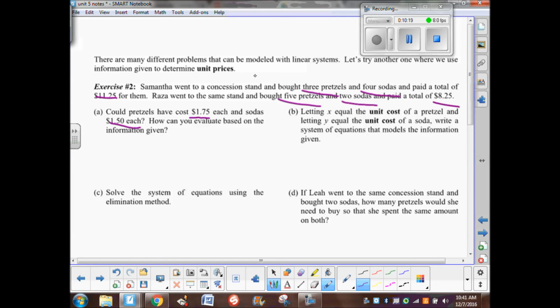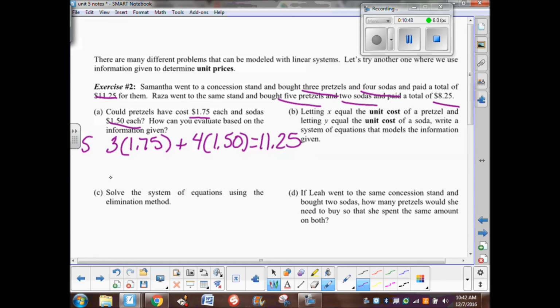So let's look at Samantha's equation. So 3 at $1.75 plus she bought 4 sodas at $1.50 and it said she spent $11.25. Is that statement true? Go ahead, do that calculation and see if you get that to be true.